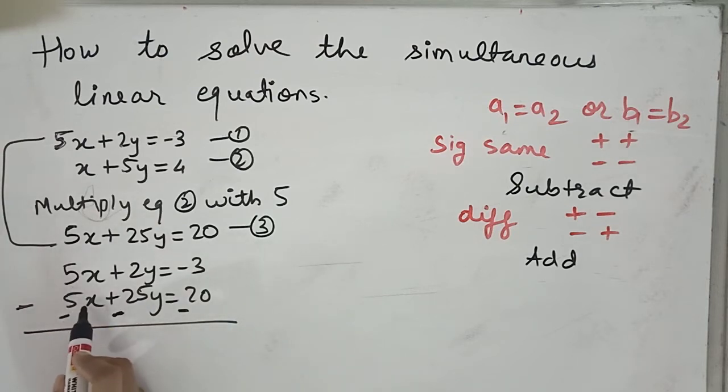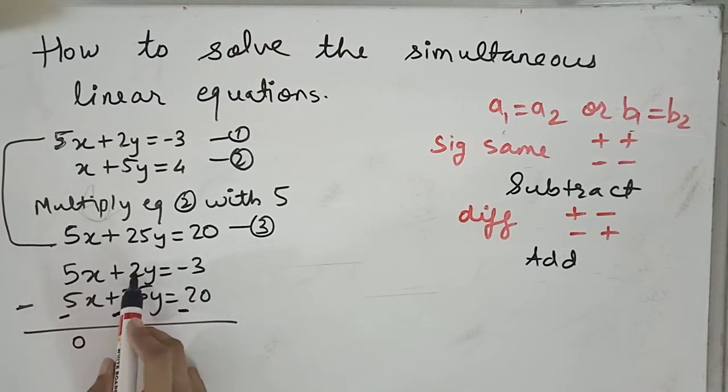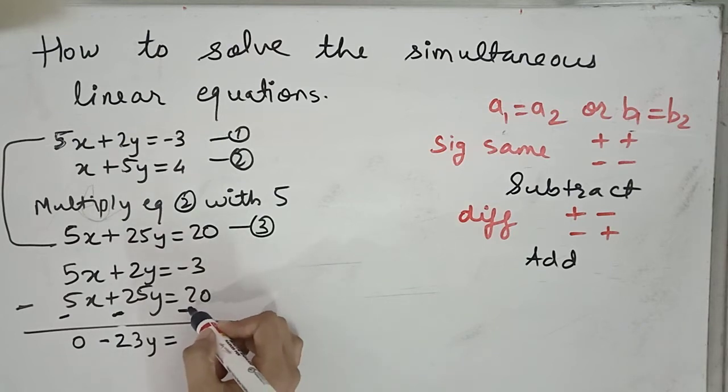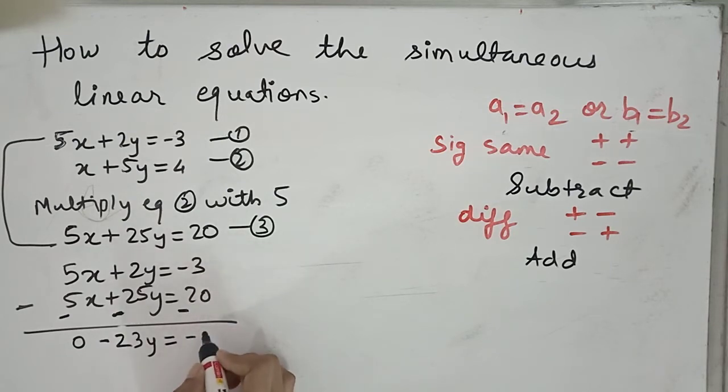Now plus 5x minus 5x get cancelled, so this will be 0. 2y minus 25y will be minus 23y, since the sign will be of the bigger number. Minus 3 and minus 20 both are negative, so we add both, 20 plus 3 is 23, and the sign will be minus.